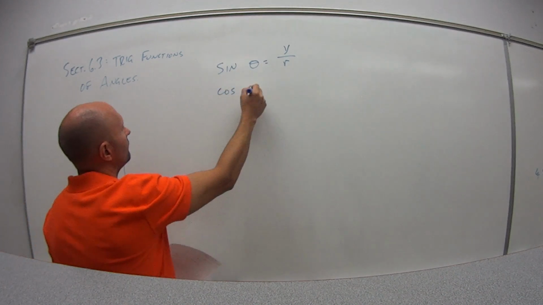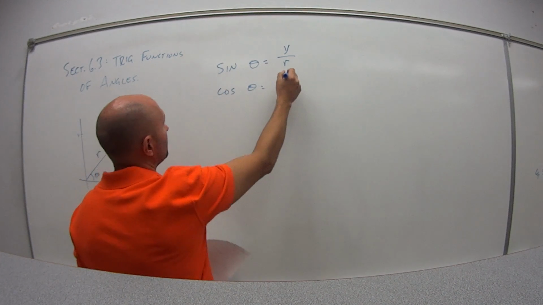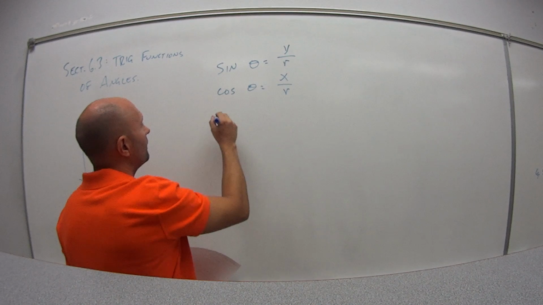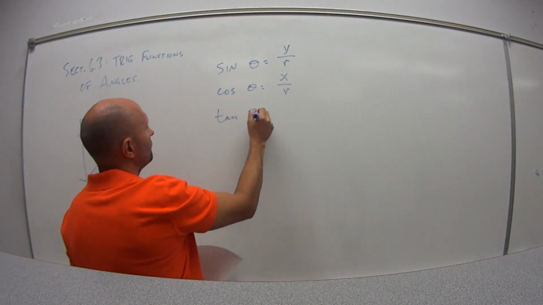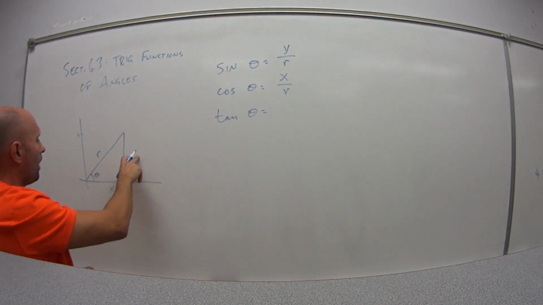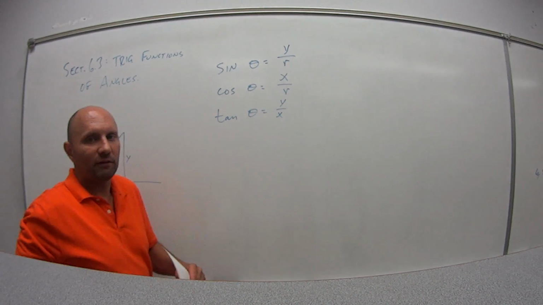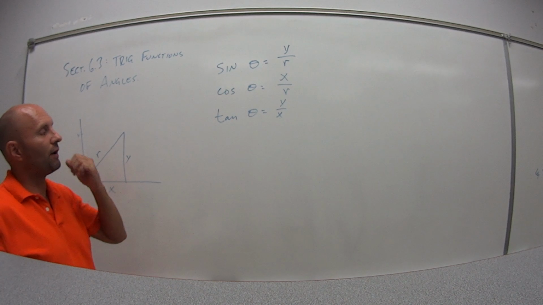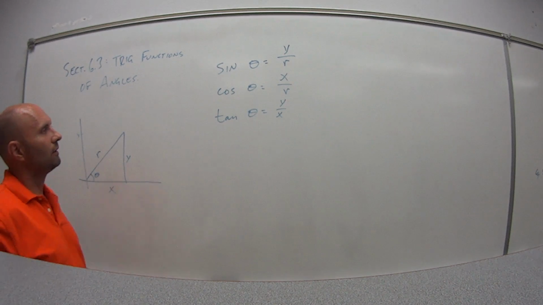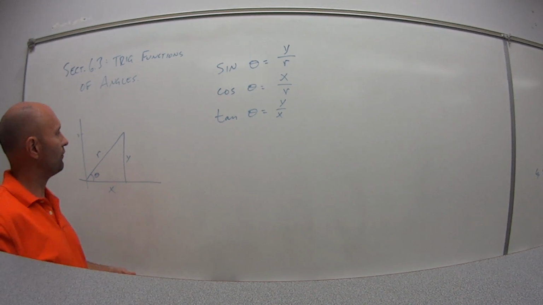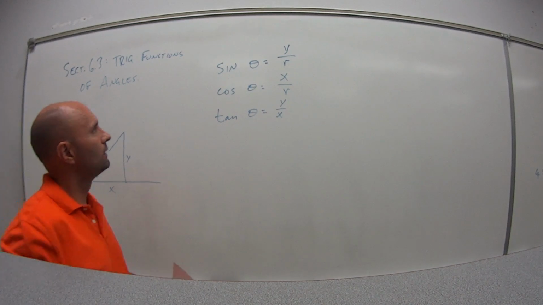Cosine of theta is x over r. Tangent of theta is y over x. Some of this probably seems familiar from chapter 5.